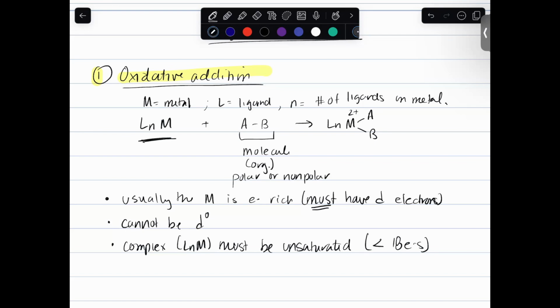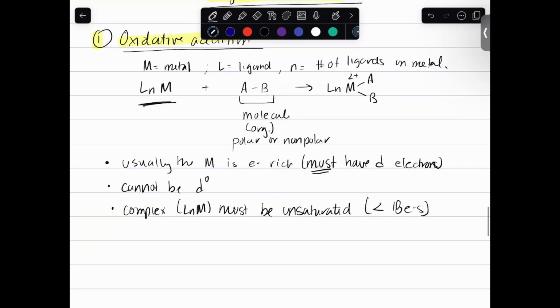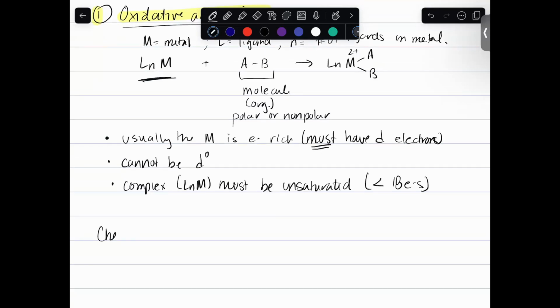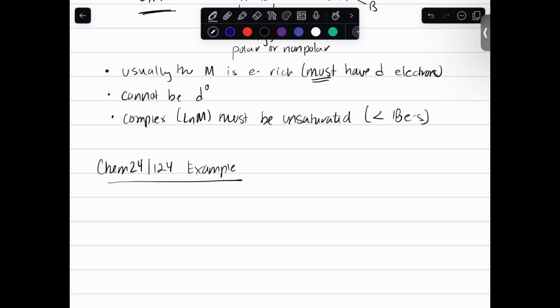Now, you've seen oxidative addition reactions before. This isn't anything new. We just never called it that. From Chem 24 to 124, we actually talked about this reaction a lot. You can have an aryl halide or a vinyl halide or alkyl halide.